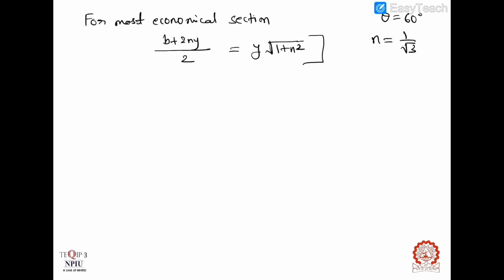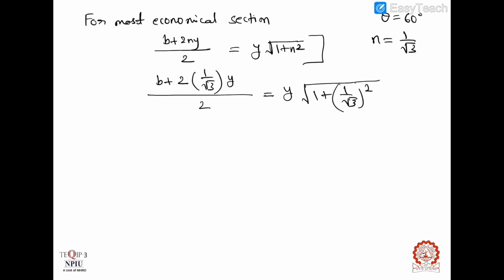Now substituting the value of small n, that is 1 by root 3, it will become b plus 2 times 1 by root 3 y divided by 2 is equal to y root over 1 plus 1 by root 3 whole square.